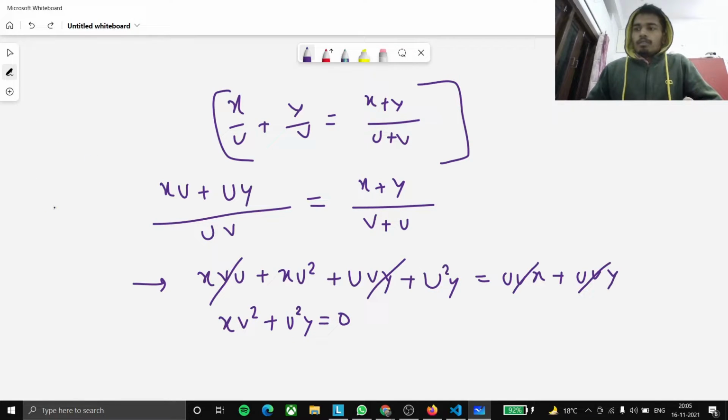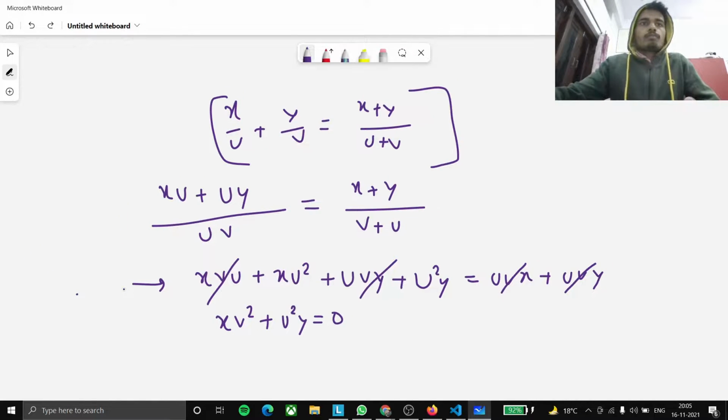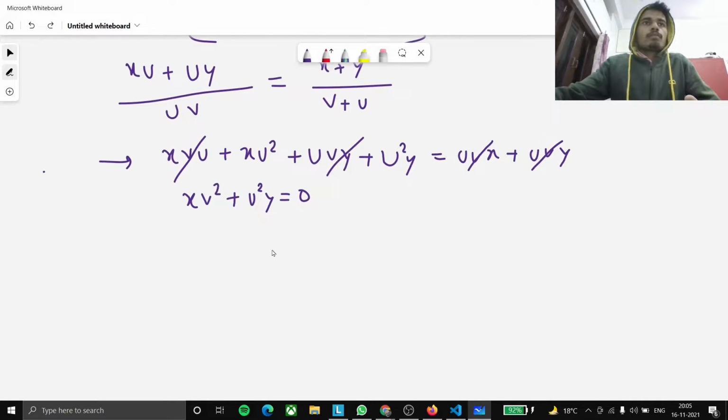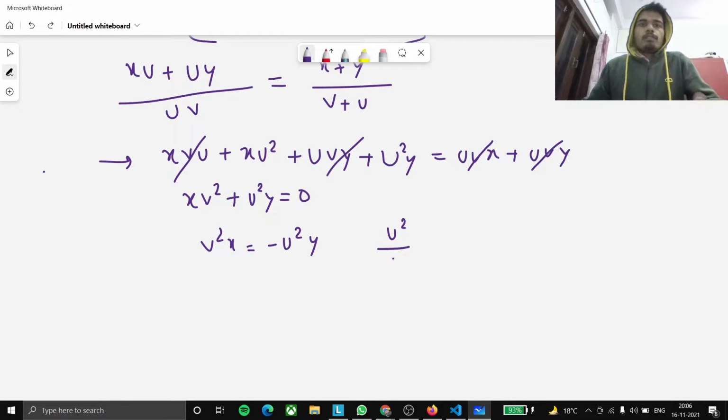So we have been left with these things. What we can say is that v square x equals minus u square y, so x upon y equals minus u square by v square.